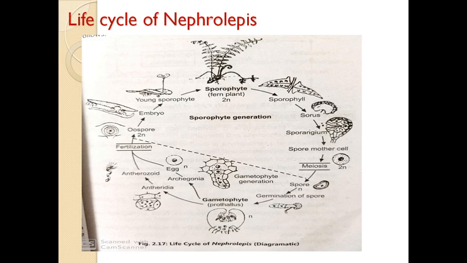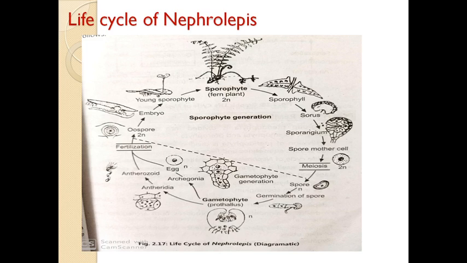The zygote produces a wall around the developing oospore. The oospore is the beginning of the sporophyte, and after a period of rest it germinates within the venter to develop into the embryo, which further develops into the young sporophyte. The prothallus gradually degenerates and the young sporophyte develops into the independent fern plant.